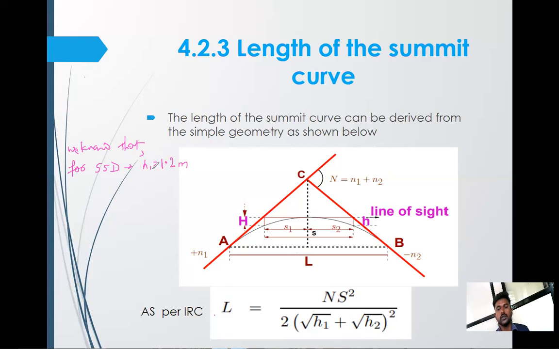Write down below there. For SSD, H1 is equal to 1.2 meter and H2 is equal to 0.15 meter.